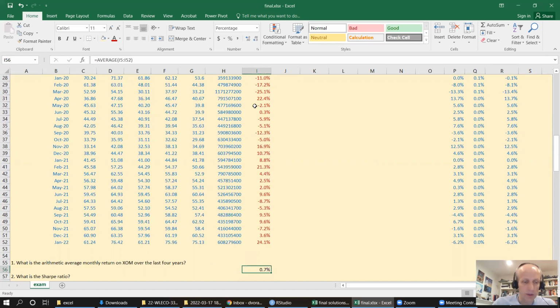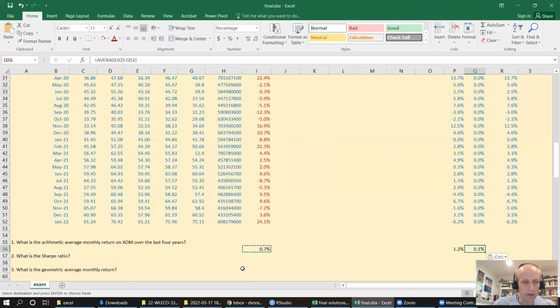Well, for Sharpe ratio, we're also going to need the average return on the risk-free asset, which is over here in column Q. That's 0.1% per month.